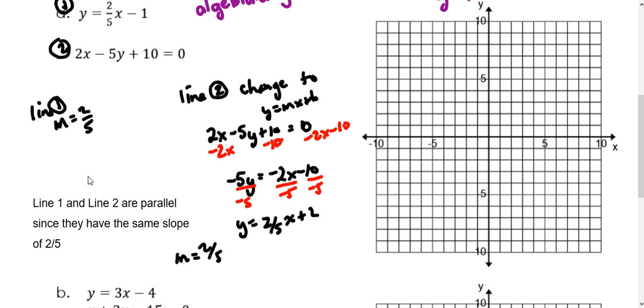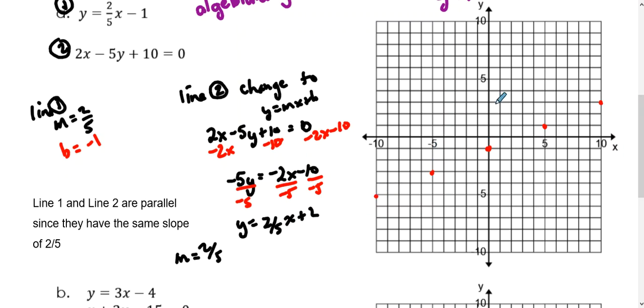We can still sketch these. This one had a b value of -1, so -1 right there, and I'm going to go up 2 over 5, and up 2 over 5, and backwards.